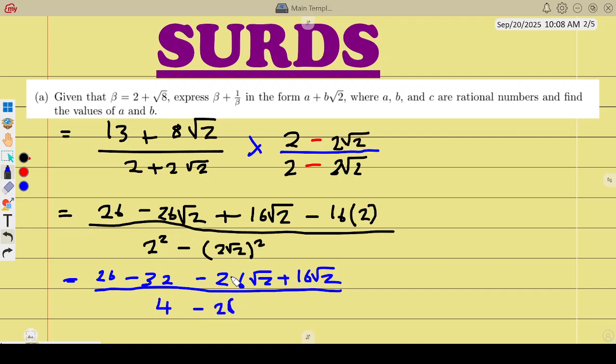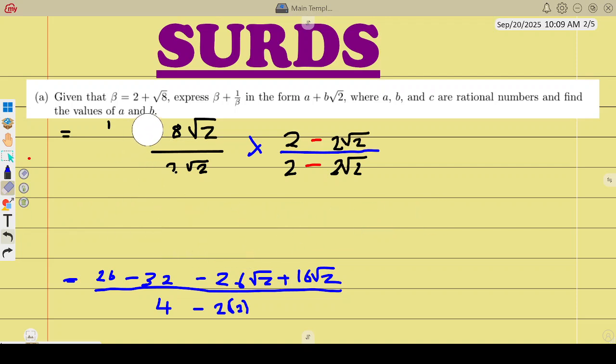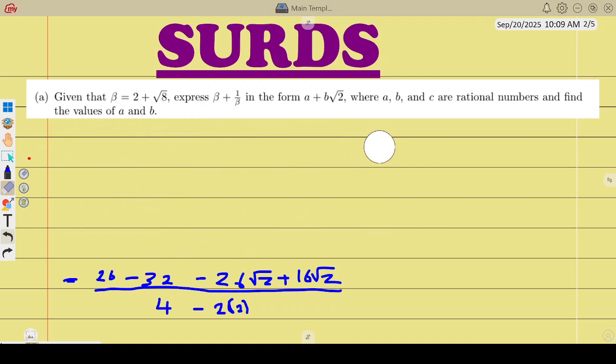Root 2 times root 2 is 2, because the root cancels the power, so the 2 will just remain. So I will just continue now simplifying. Let's take this on top.